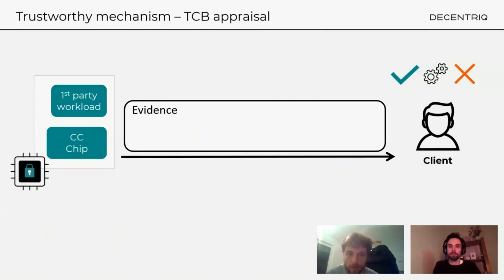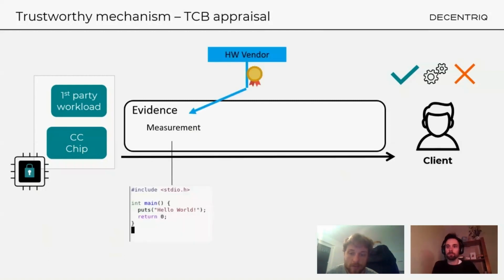So what are we looking for concretely? First and foremost, we're looking for the measurement or the hash of the binary that's been loaded. In and of itself, this hash is just a hash. So we also need a way to bind that to the actual source code that the executing enclave or isolated code is executing.